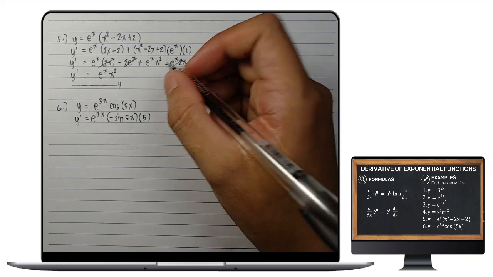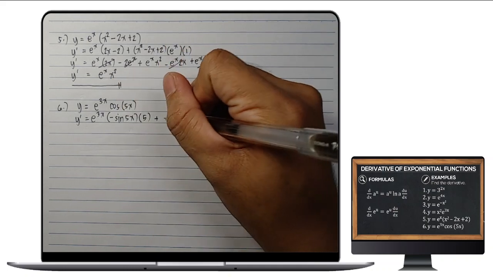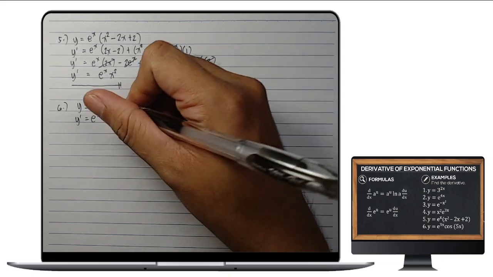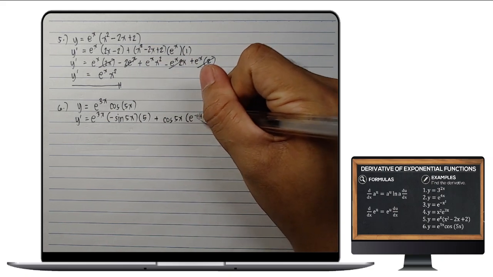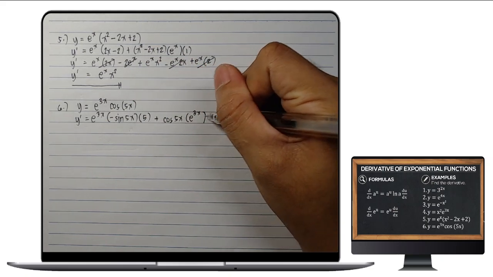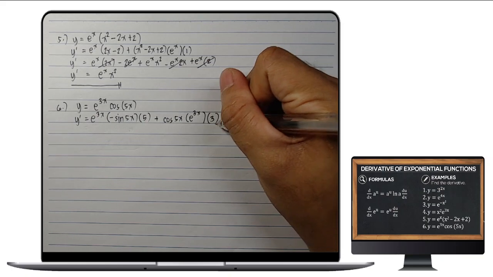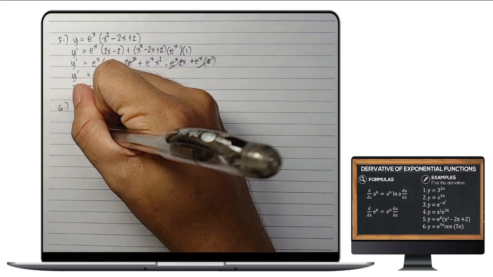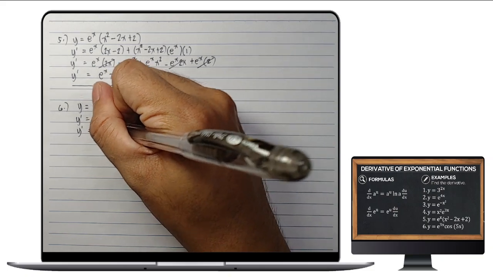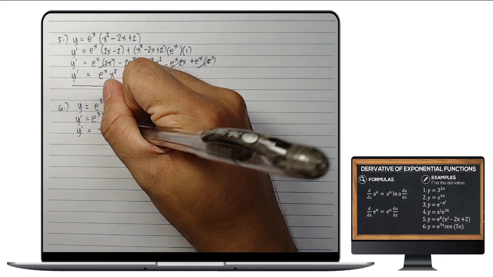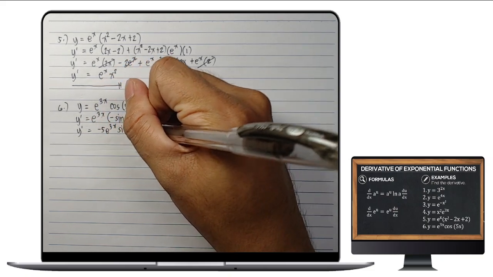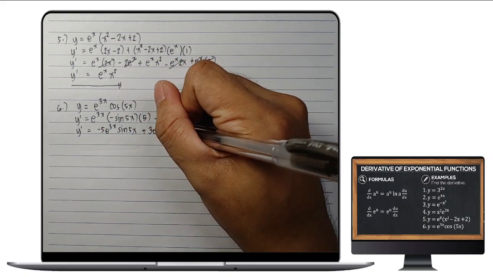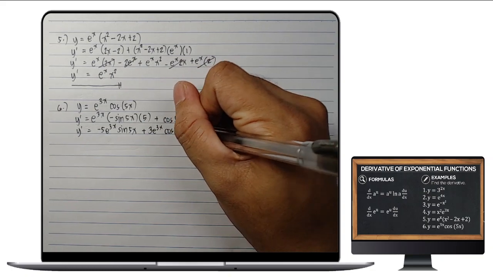And plus, copy cosine 5x multiplied by the derivative of e raised to 3x. That is e raised to u times the derivative of u, and the derivative of 3x is simply 3. So simplifying, y prime is equal to negative 5 e raised to 3x sine of 5x plus 3 e raised to 3x cosine 5x.